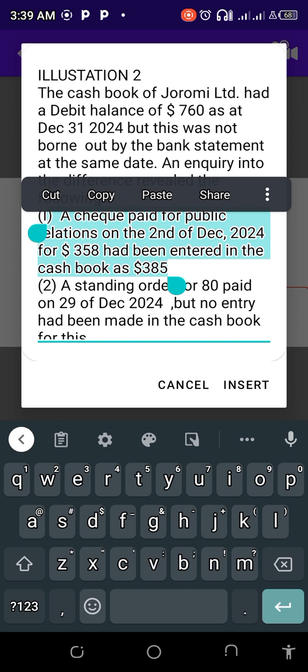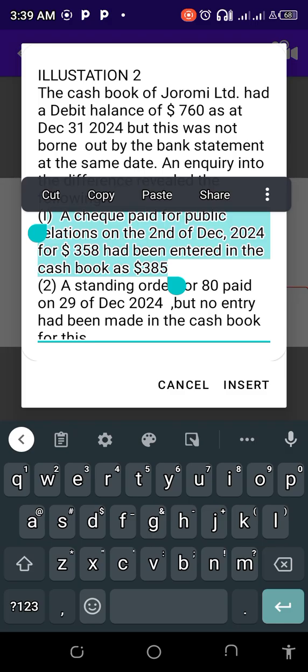Then this $27, which is the difference between 385 and 358, is an overcast of payments.